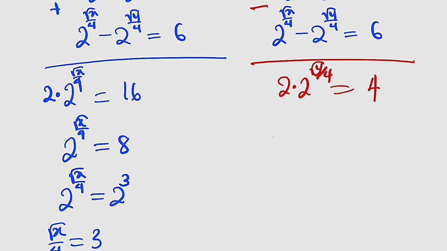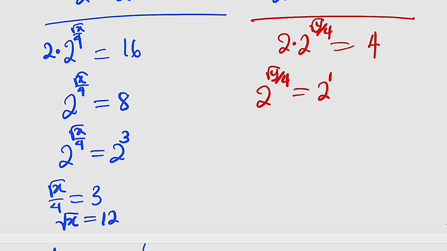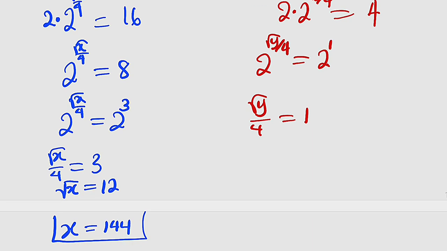You can divide both sides by 2. 2 raised to the power of square root of y divided by 4 is equal to 4 divided by 2, which is 2. And 2 is naturally 2 to the power of 1, which implies that square root of y divided by 4 is equal to 1. Multiply both sides by 4. Square root of y is equal to 4 times 1, which is 4. Squaring both sides, y is equal to 4 squared, which is 16.